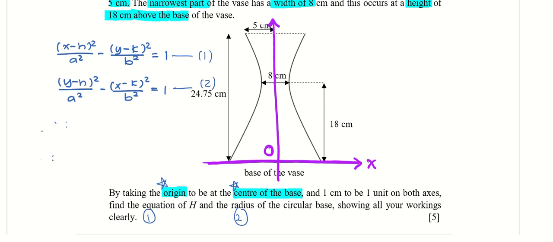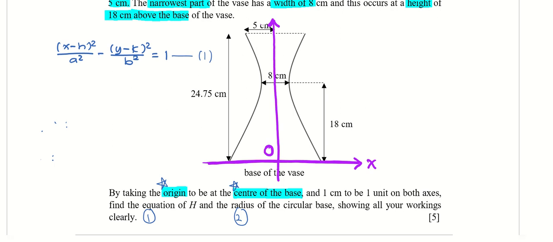For the first equation, x being positive means your graph opens left, right. Y being positive for the second equation means your graph will open up, down. Based on what we have drawn here, can you see my graph is left, right? So my equation should be the first one. Allow me to erase the second one first. Focus on the first equation.